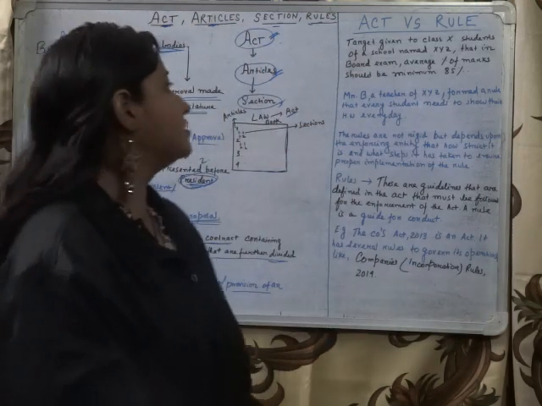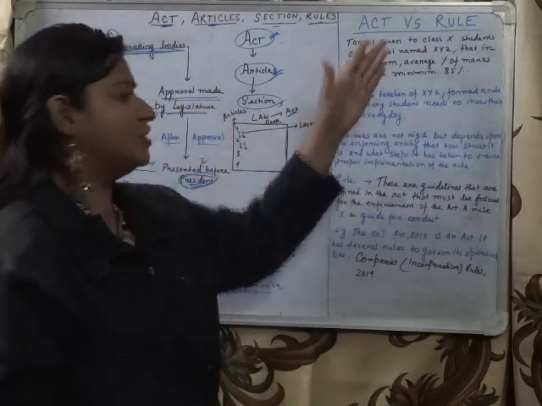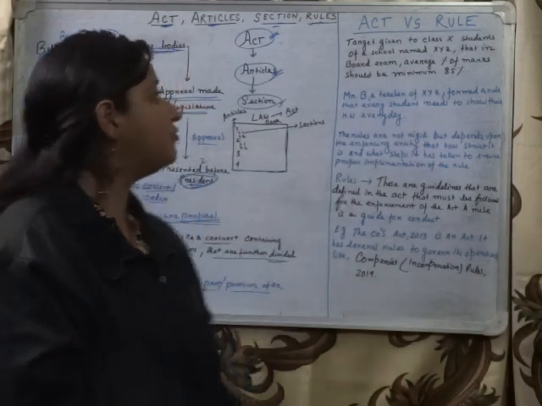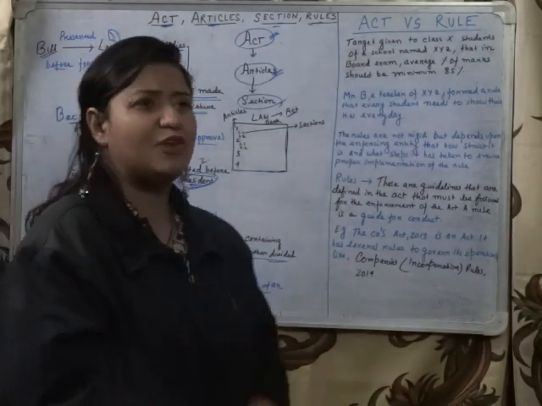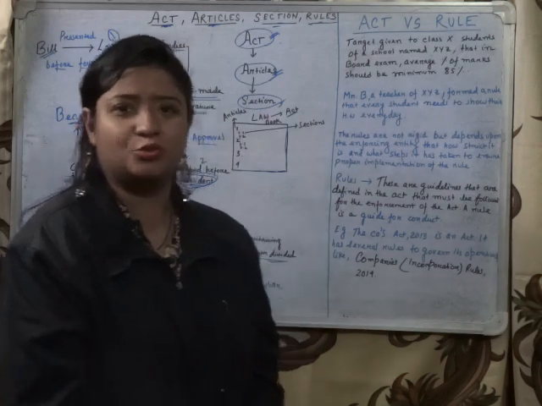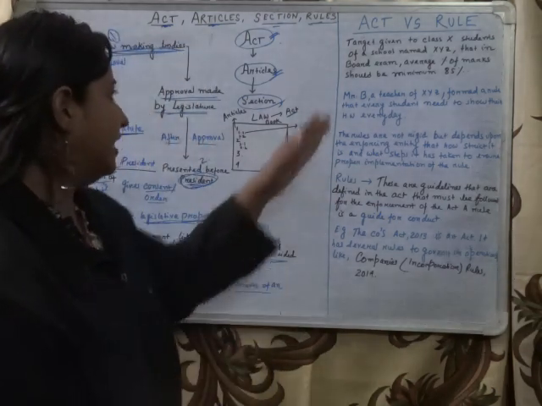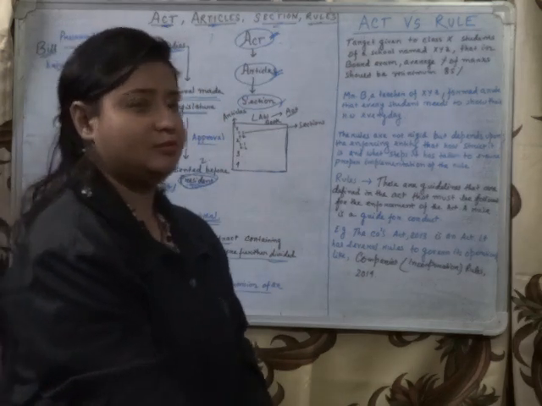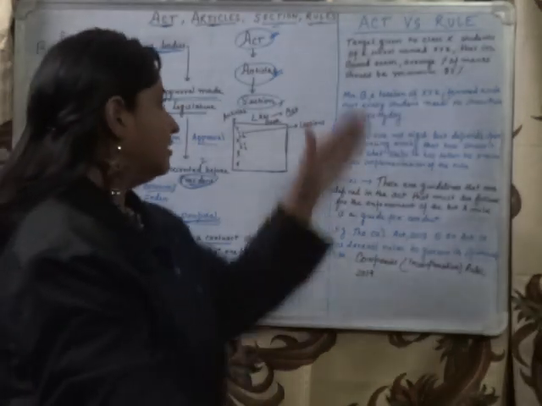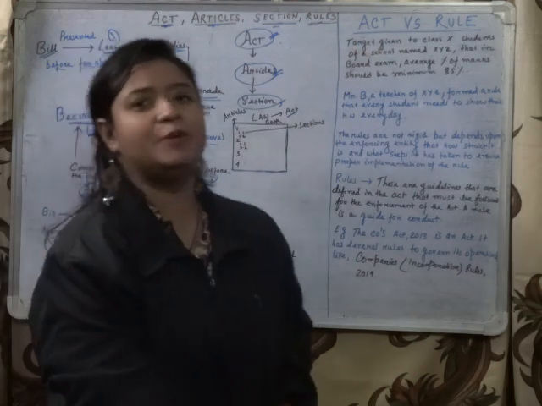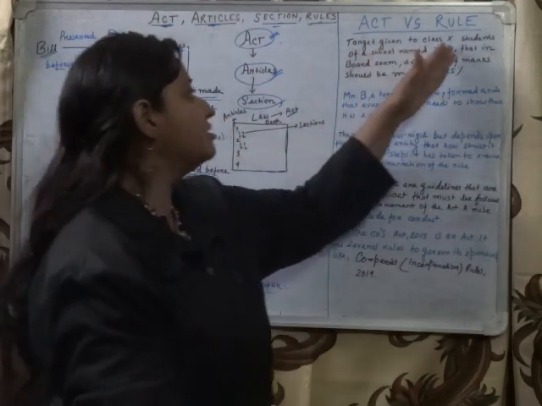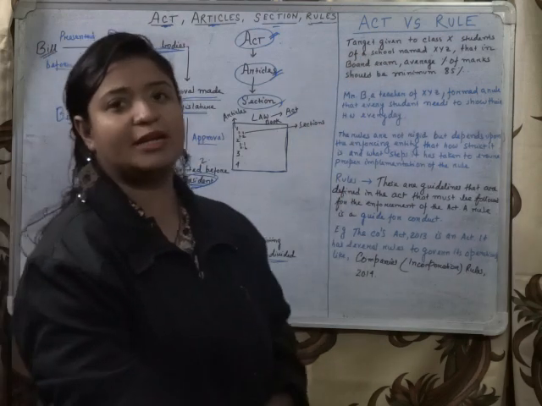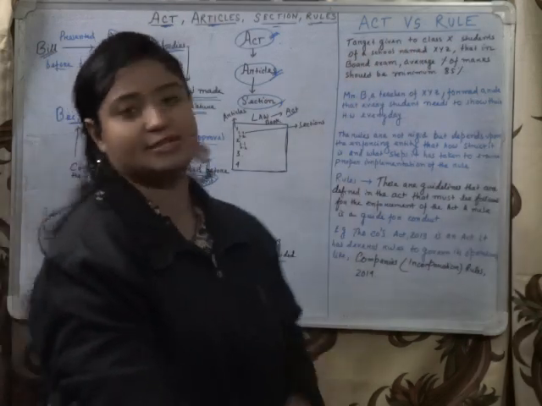the next comes act versus rule. We often get very confused about what an act actually is and what a rule is. Right? So let's see. Just take a simple example before that. A target is being given to class 10 students of a school, the name of the school is XYZ.